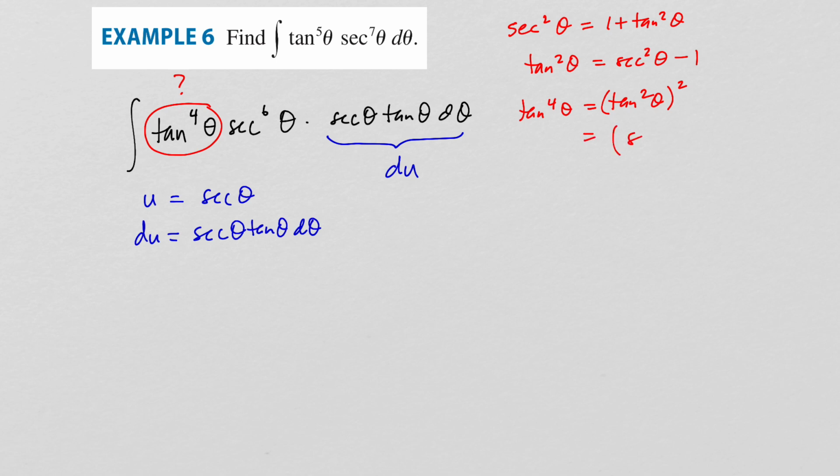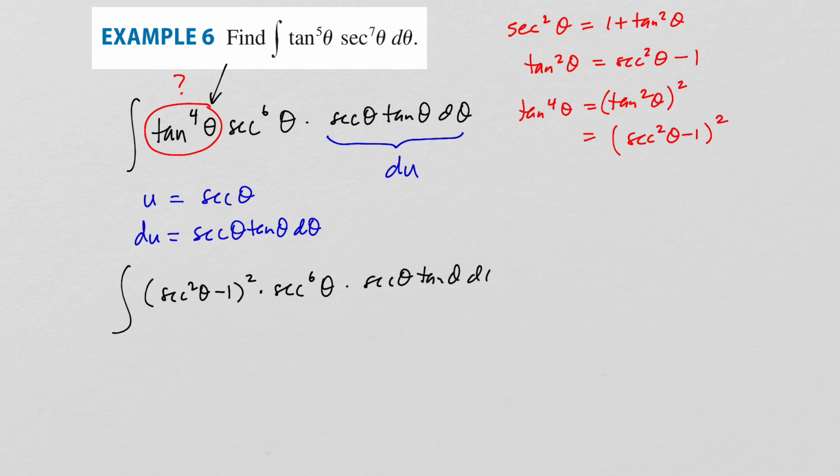But tangent squared is secant squared minus 1, and so tangent to the 4th power of theta is secant squared of theta minus 1, quantity squared. So once again, we are going to use a Pythagorean identity to rewrite tangent to the 4th in this way. And then don't forget, we still have secant to the 6th power, and then we still have secant theta, tangent theta, d theta.